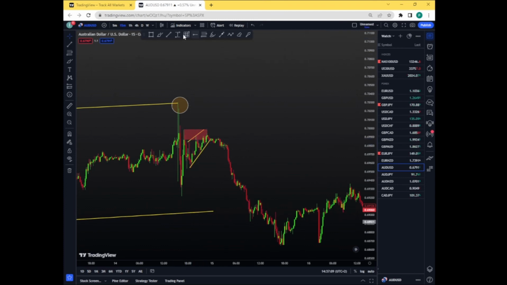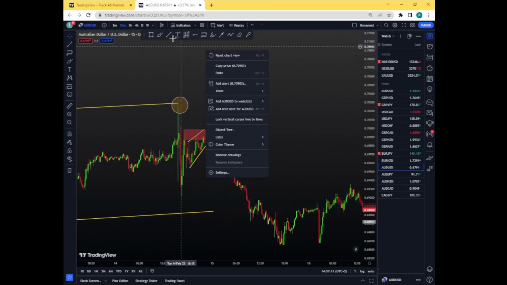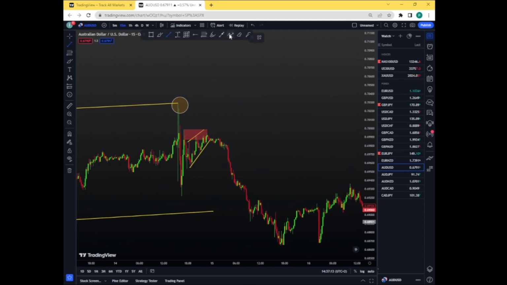After that, let me try to guide you. Say price was moving like this, which is what it did here. It moves like this, comes back and starts to move sideways.